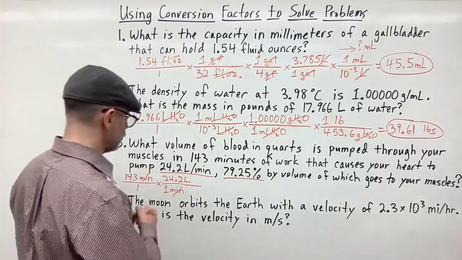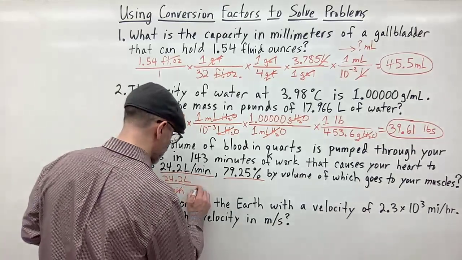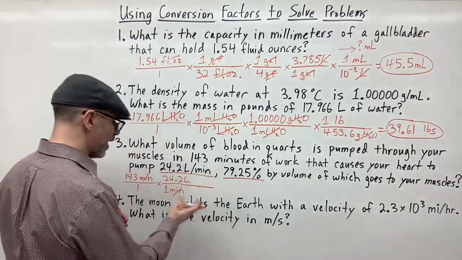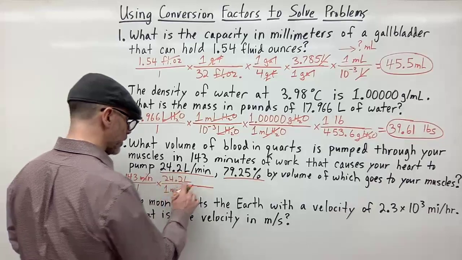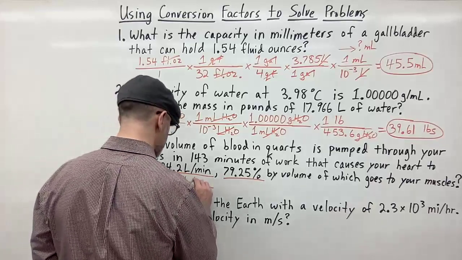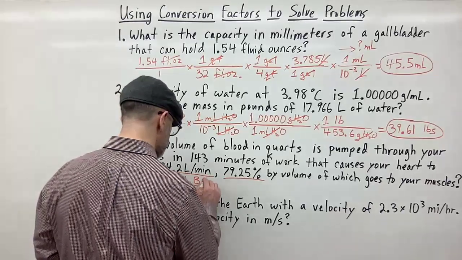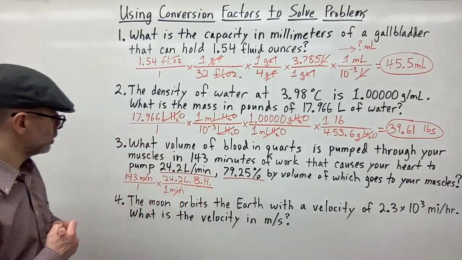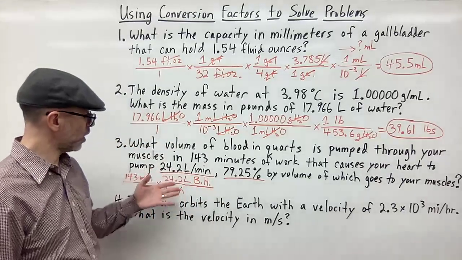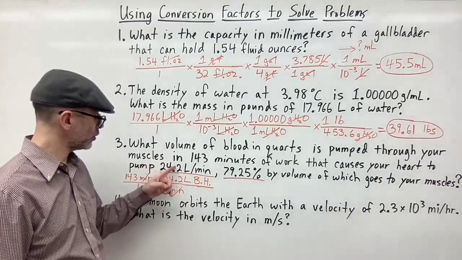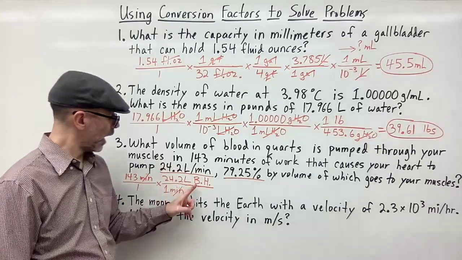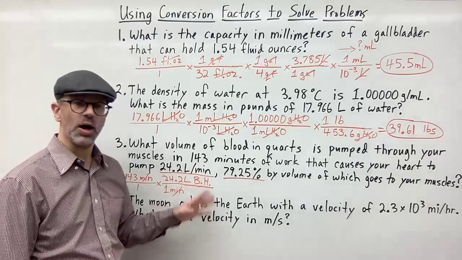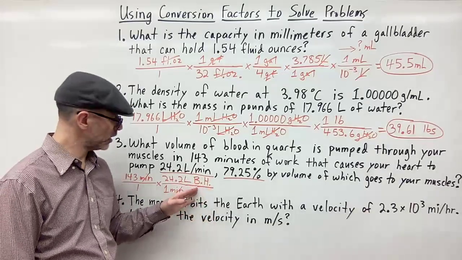One thing I should mention here, you want to specify what you're talking about. Liters of what? It's liters of blood to the heart. So the heart is pumping 24.2 liters per minute. So I put BH for blood to the heart. Why do we want to specify blood to the heart?